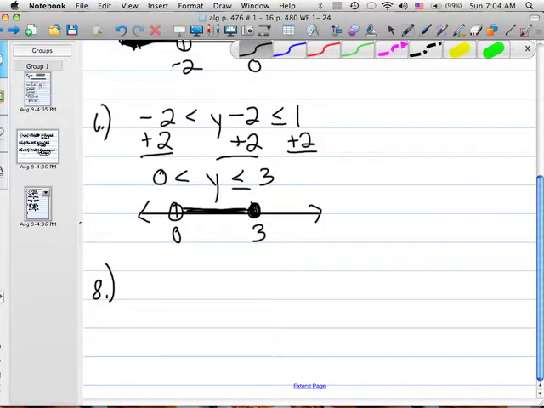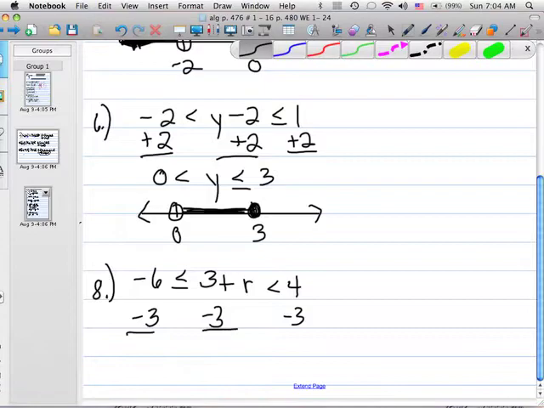Problem number 8, -6 is less than or equal to 3 plus r is less than 4. Another compound sentence connected by and, written in the short form. So to get r by itself in the middle, we have to subtract 3 from the 3 parts of this compound sentence. So we get negative 9 is less than or equal to r is less than 1.